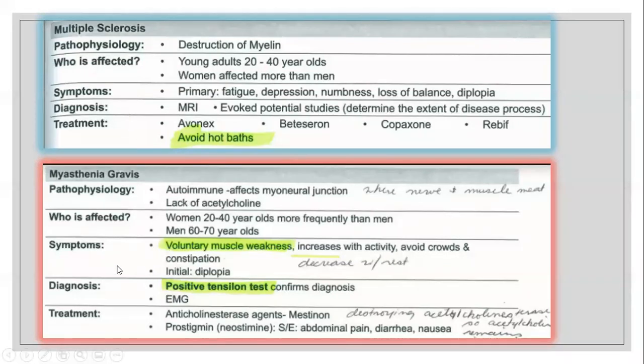Another disease similar to multiple sclerosis is called myasthenia gravis. Myasthenia gravis is a neuromuscular disorder that leads to weakness of skeletal muscle. The pathophysiology of myasthenia gravis is autoimmune, affecting the myoneural junction.